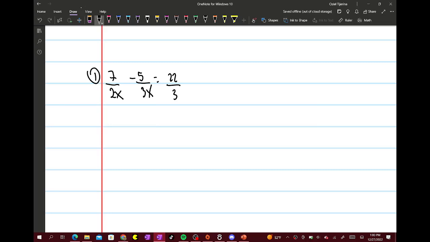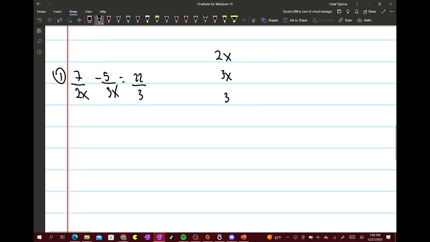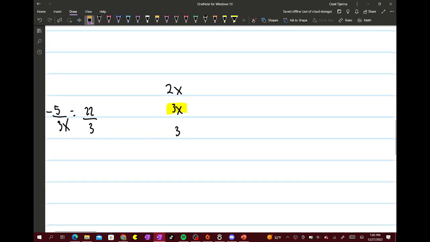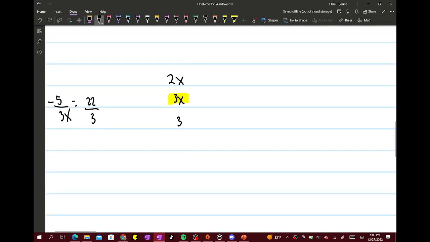If I look at 2x, 3x, and 3, between 3x and 3 we can have a common term of 3x, because if I multiply 3 times x, they can have that common factor. But we want to make it so that they all have a common term.